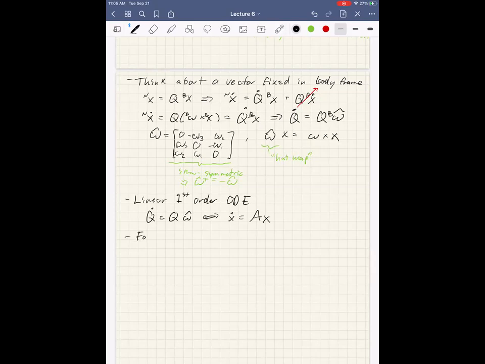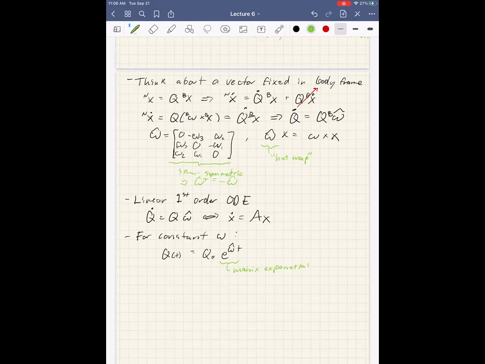So for constant omega, what is Q of t? Based on our whole discussion about linear systems, Q of t is going to be some Q naught e to the omega hat t, where this is just the matrix exponential we just saw. And Q naught is your initial attitude.